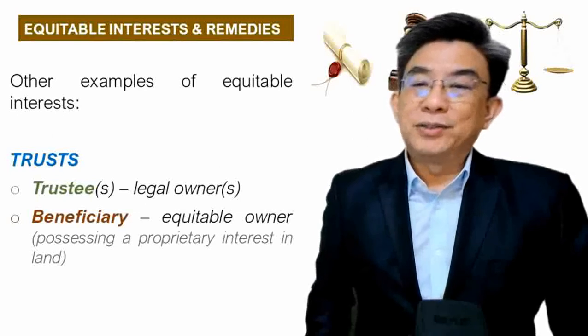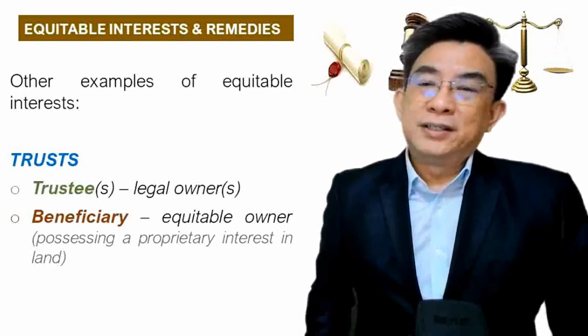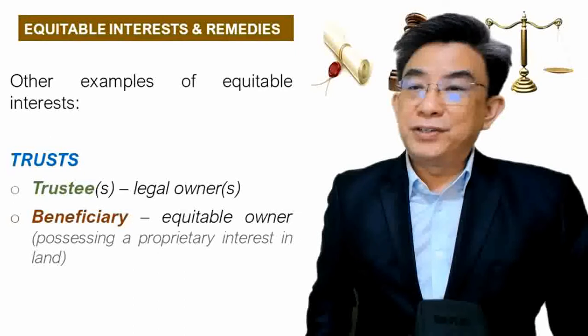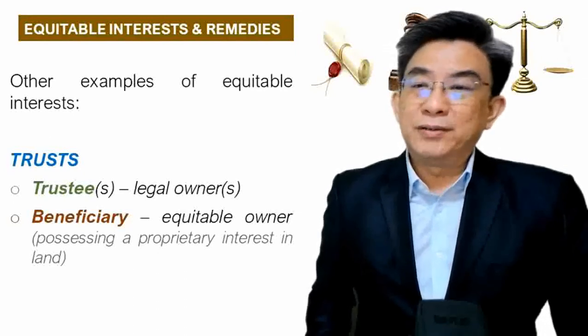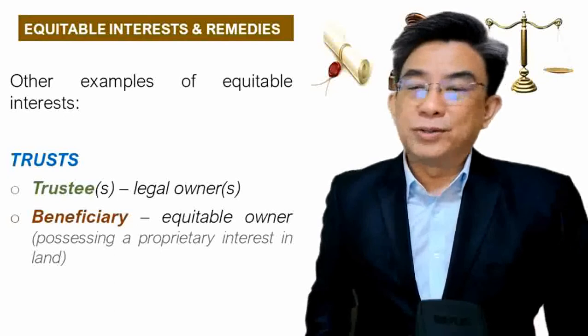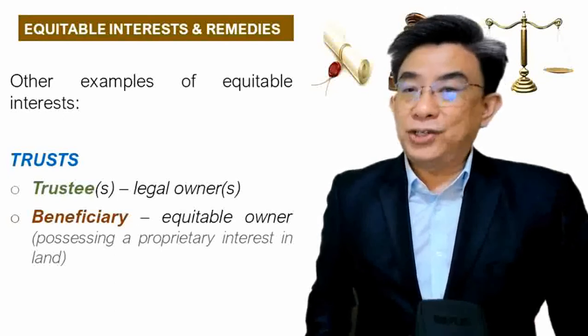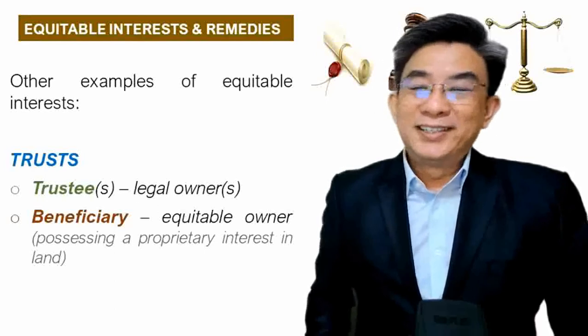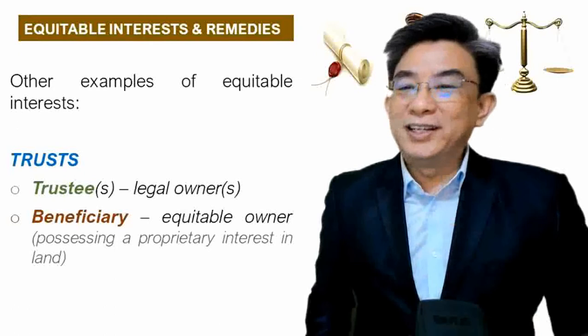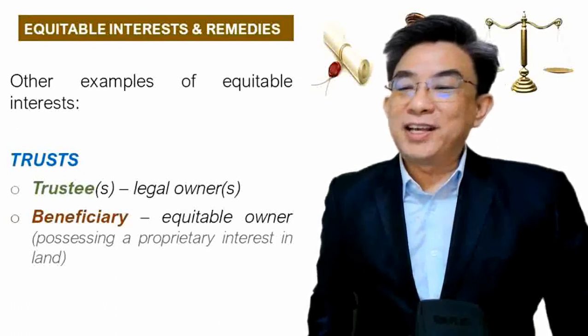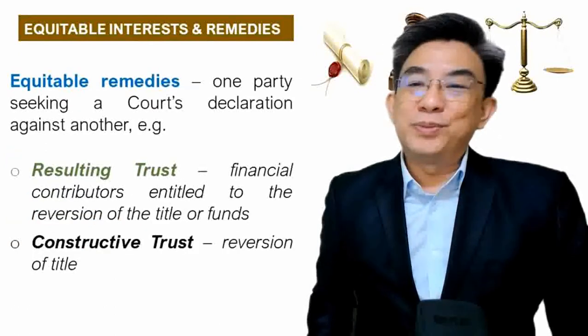With that kind of trust, the beneficiaries will eventually become the owner when they reach 21 years old. But there are other trusts where the beneficiaries don't become owner. So we want to distinguish these two. One is a legal ownership, the other is an equitable ownership.